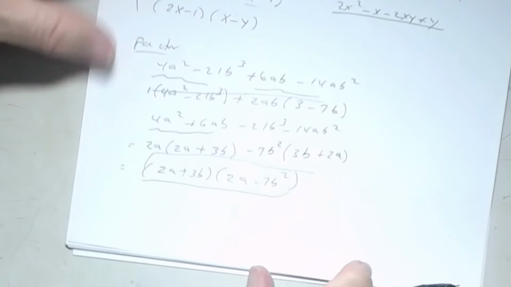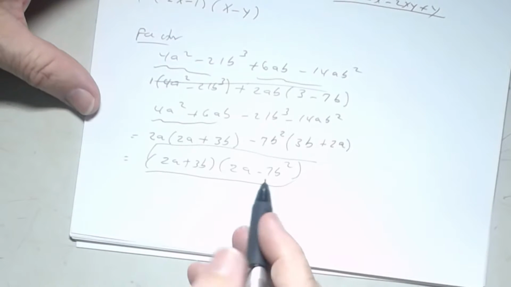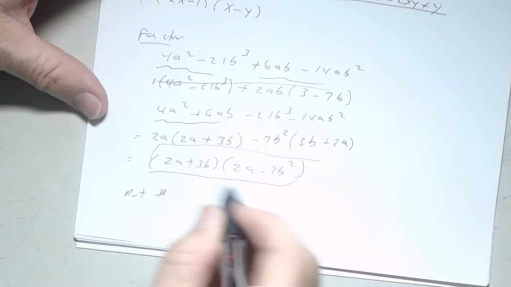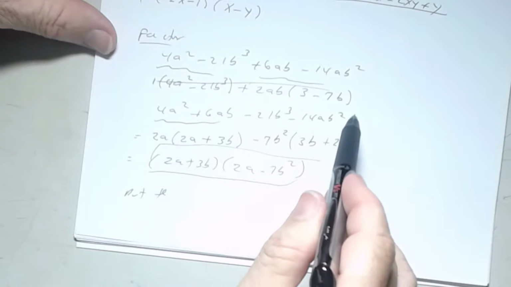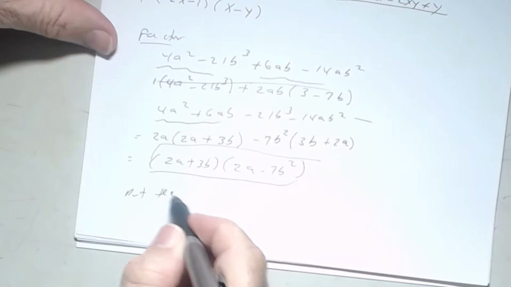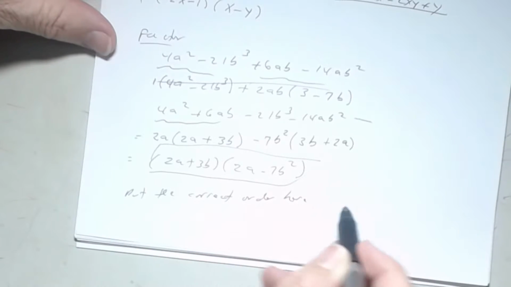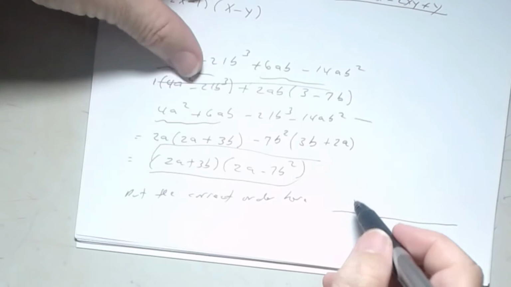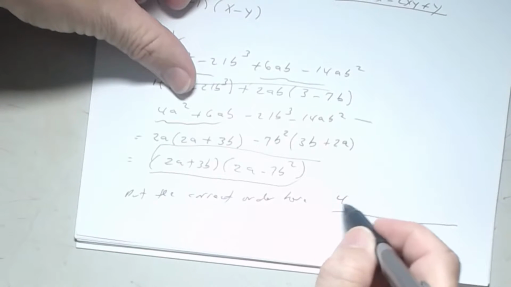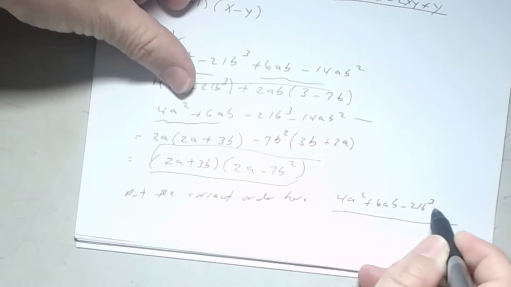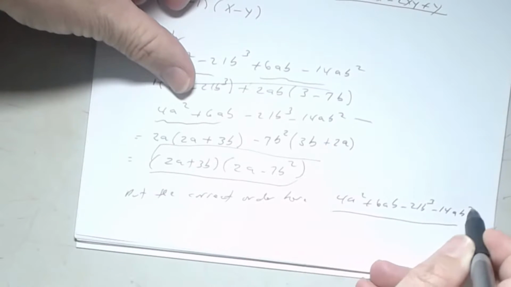And so where it says to put the correct order, you would write 4a squared plus 6ab minus 21b cubed minus 14ab squared.